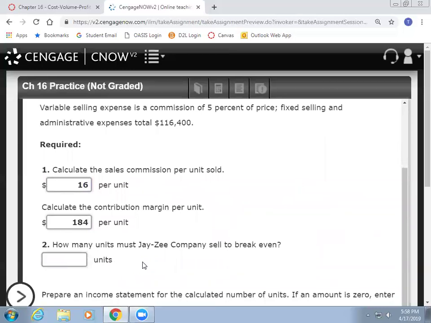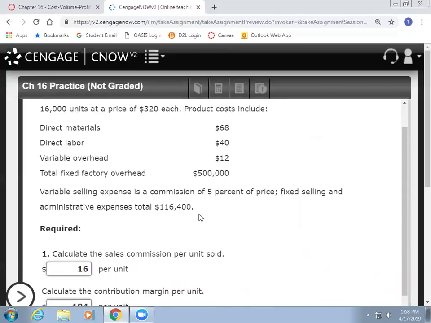And then for break even, you always just take your total fixed costs and divide it by your contribution margin. They're looking for it in units, and we have a contribution margin per unit. So to get break even, we just take our total fixed costs and divide it by the 184. Your total fixed costs are 500,000 plus 116,400, right?